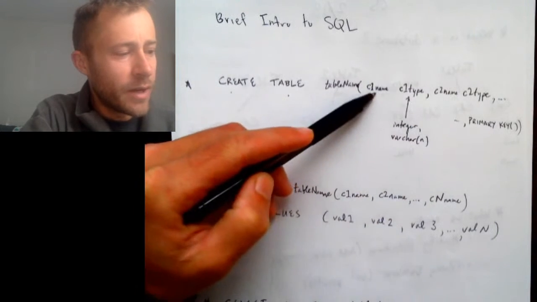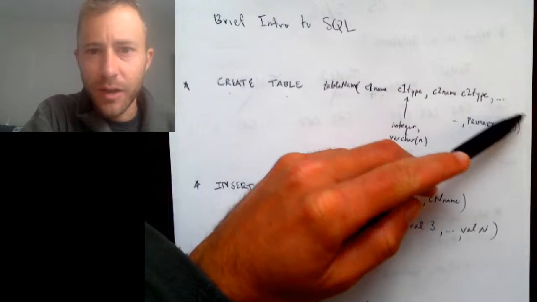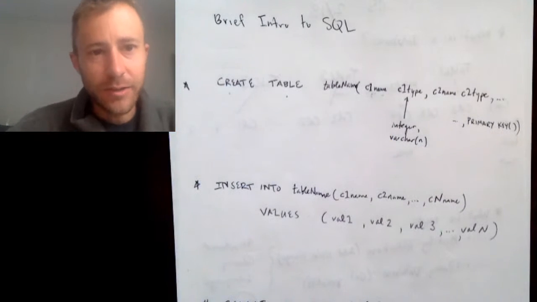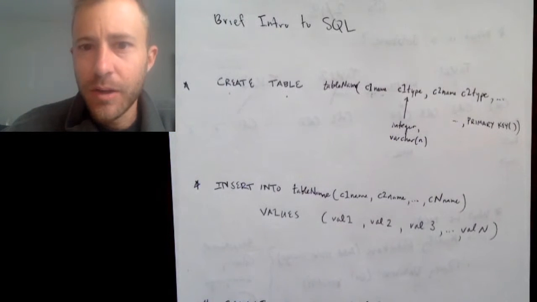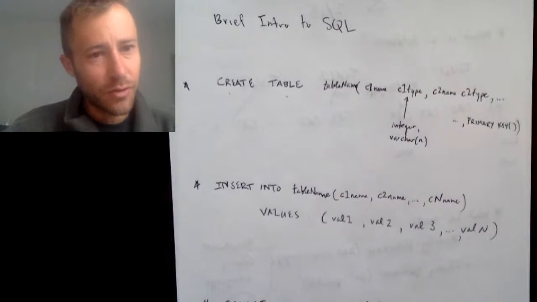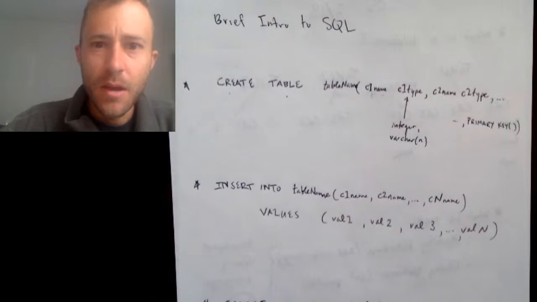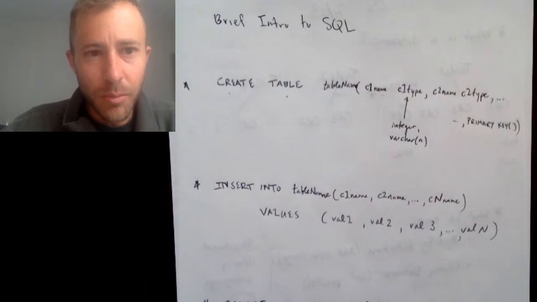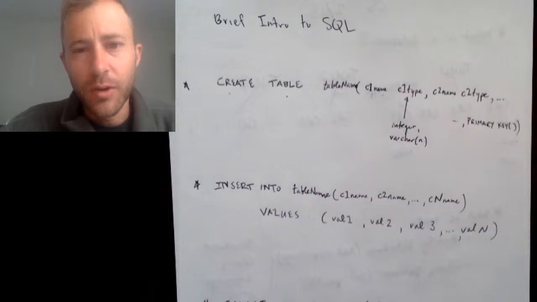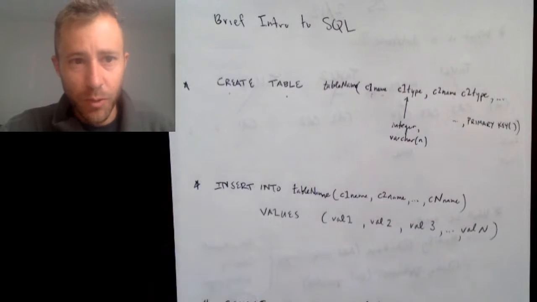So column 1 name, column 2 name, and so on. Now remember, each column has a type. Each column could be a string, or it could be an integer, or a double, etc. So you need to specify what type each column is.